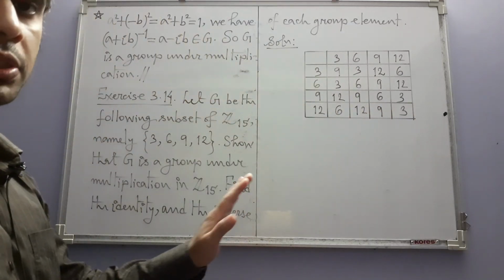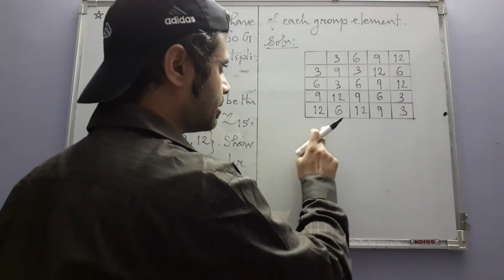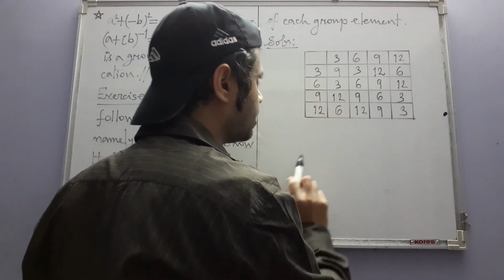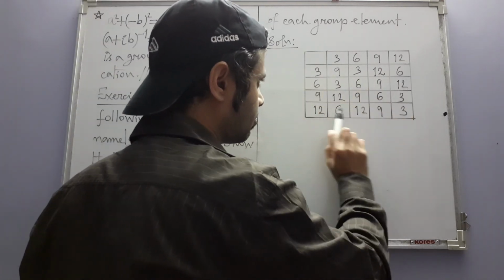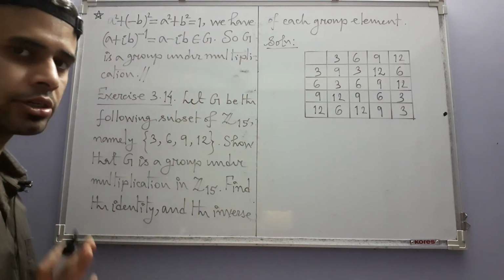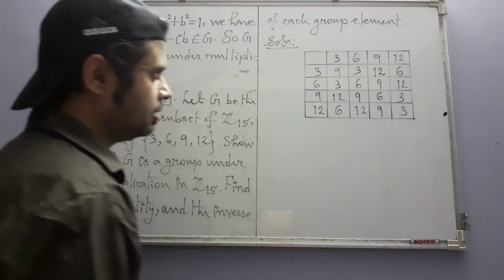Here also, let me digress a little bit, and let us recall that thing again. Each element appears in each row and each column exactly once. That thing continues to be true in any group table. Okay, so you can see that.